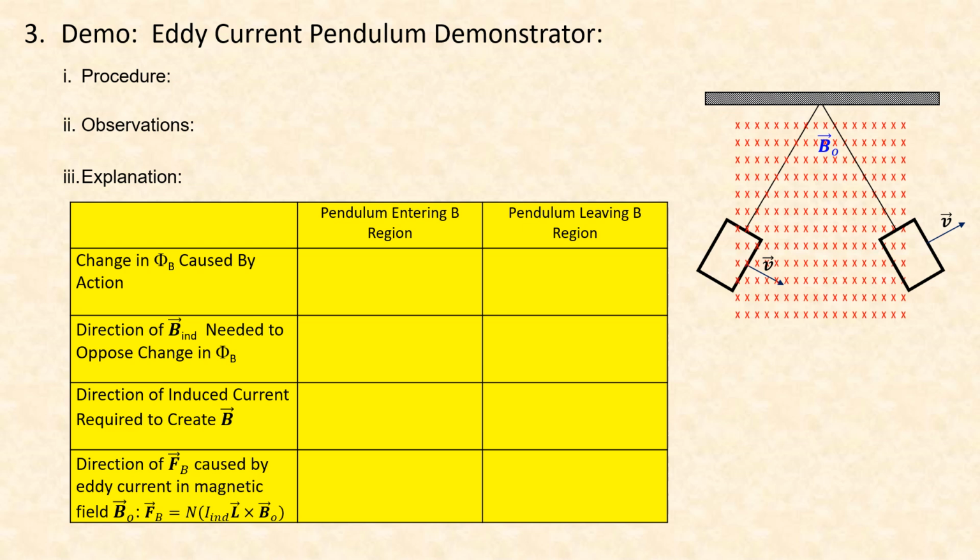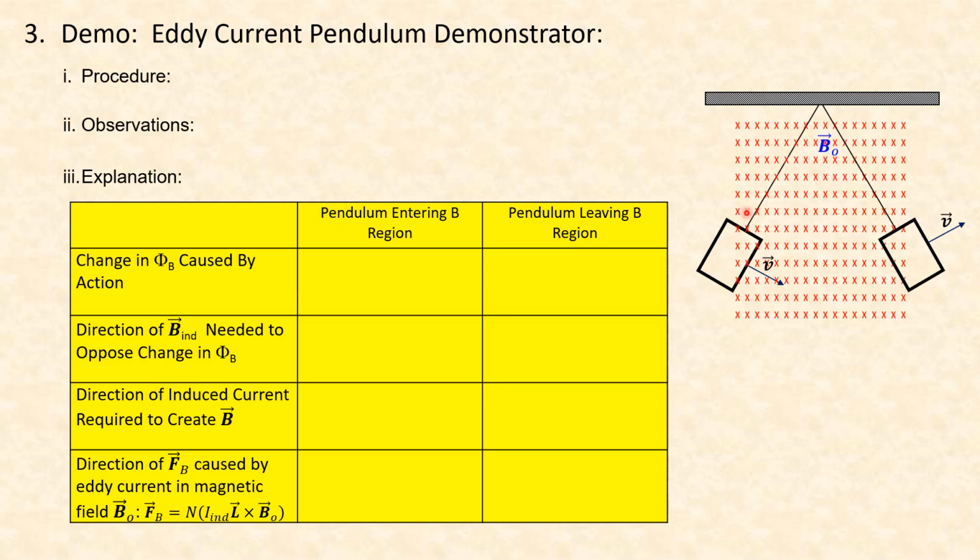Let's now see how the formation of eddy currents can explain the retarding motion of the pendulum as it entered the magnetic field region. When we apply Lenz's law here, as always, we start by identifying the change in magnetic flux.